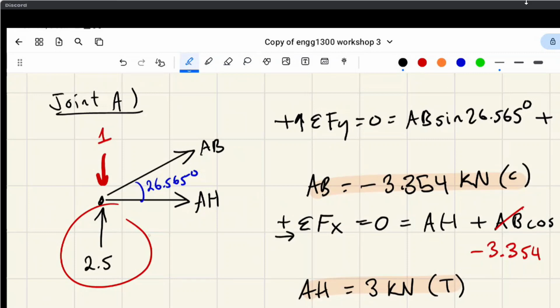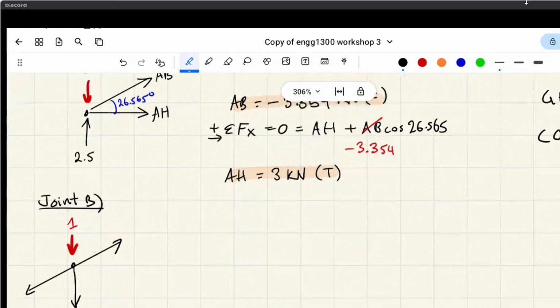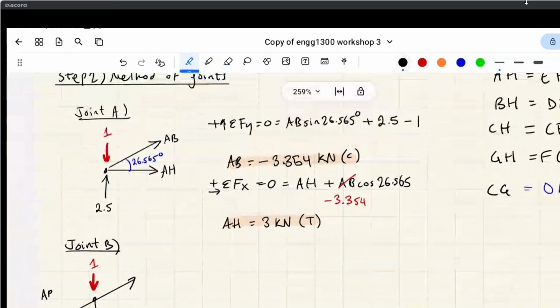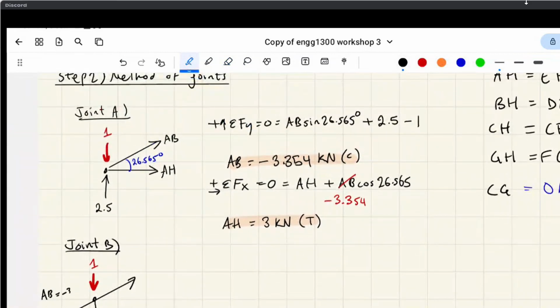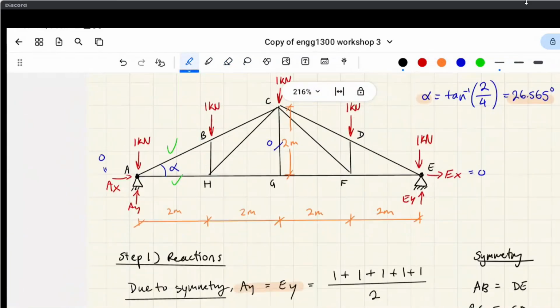So you'll never make a mistake with that, but you'll potentially make a mistake if you constantly flip the sign convention for members. Anyway, essentially this was AB and it was negative 3.354. And now we're looking for BC and BH, right?